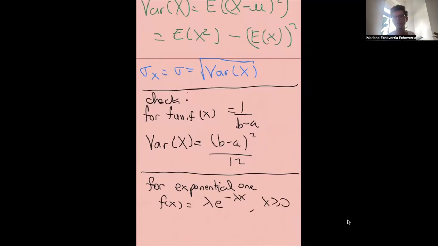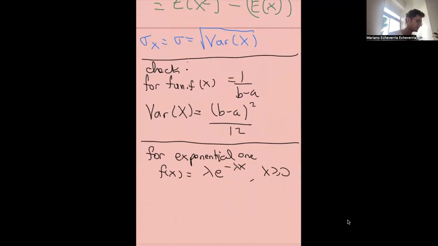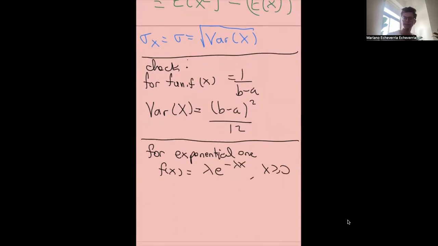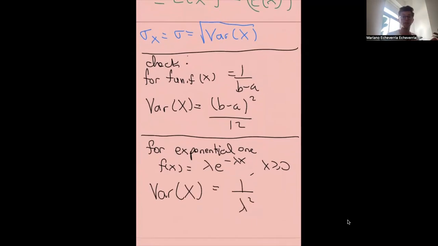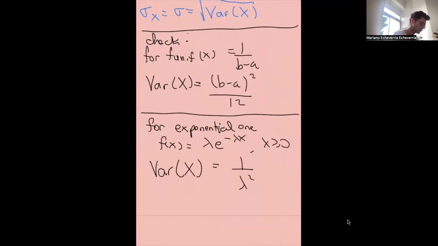That can be found more easily with the Feynman trick if you don't want to do integration by parts a couple of times. You need to take a second derivative with respect to lambda. That's the only thing that changes to find the second moment, because we already have the first moment. You can try it with the Feynman trick if you want to practice it.